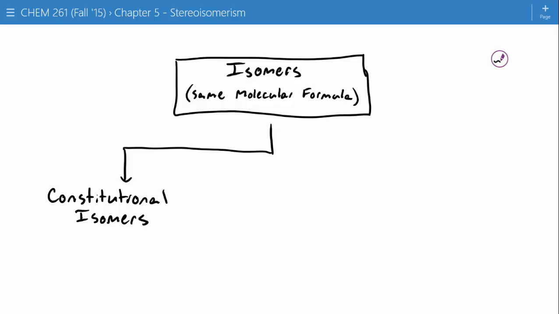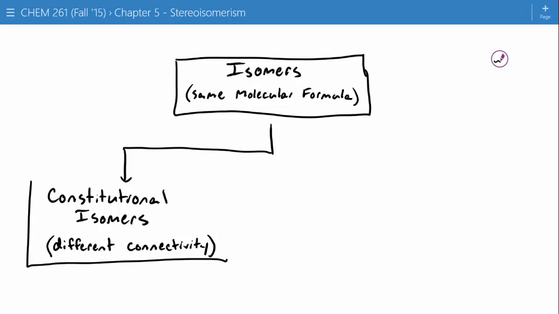So constitutional isomers have a different connectivity. And this is one class of isomerism. The other class that we're going to talk a lot about are stereoisomers.